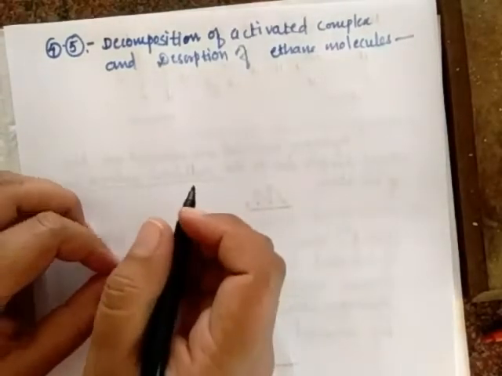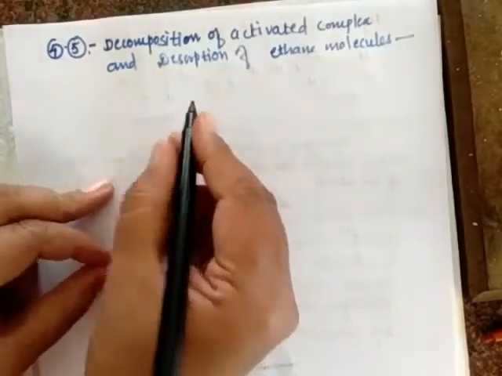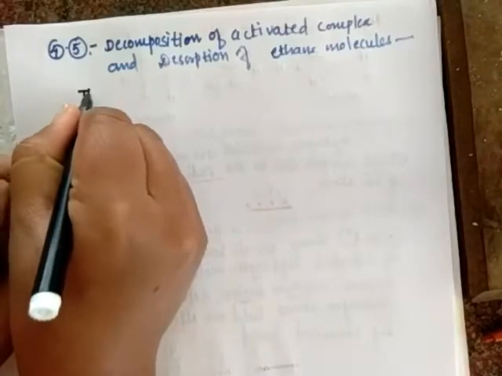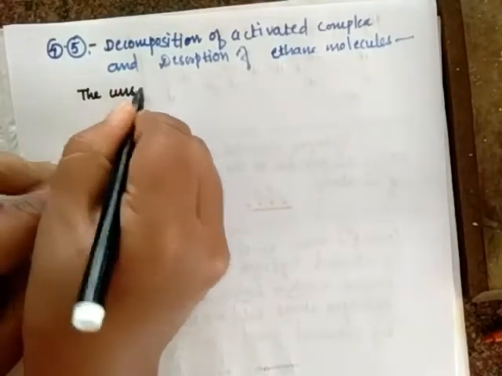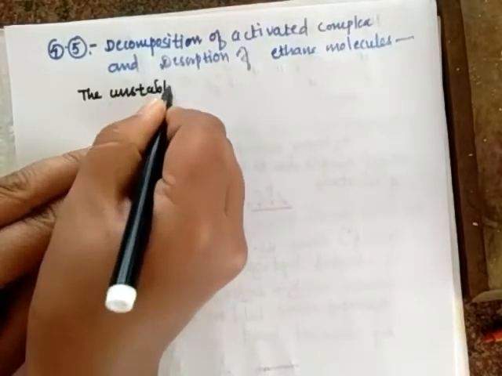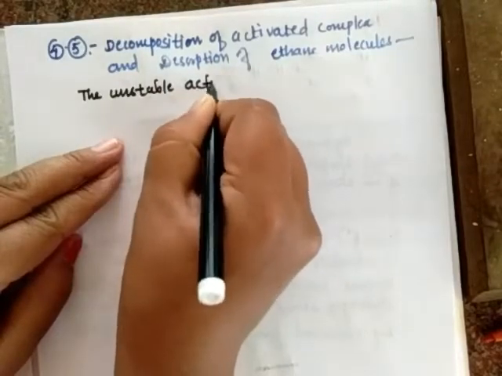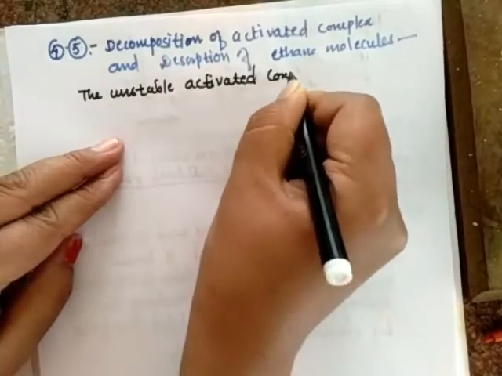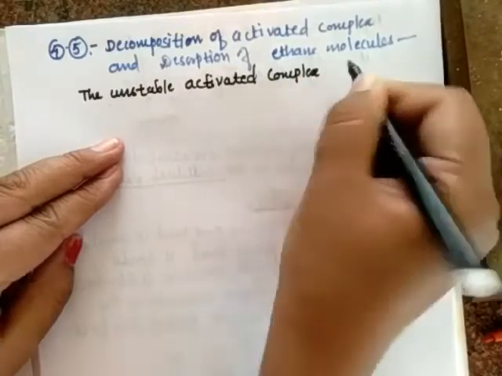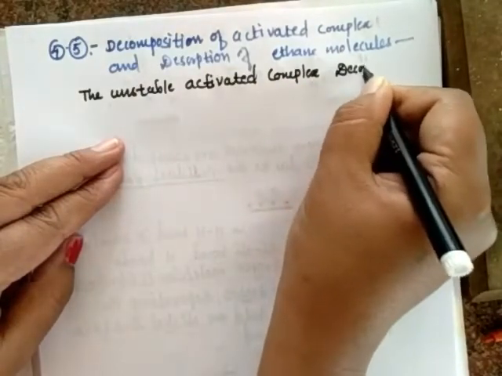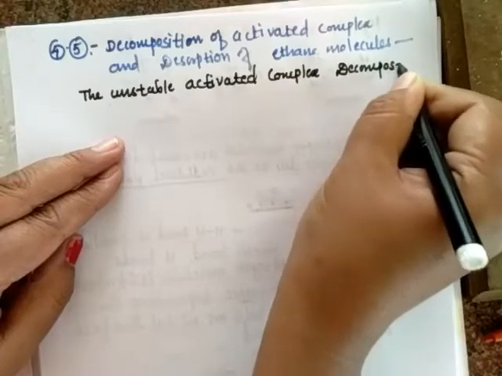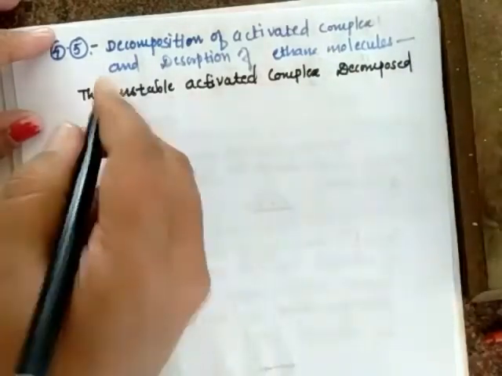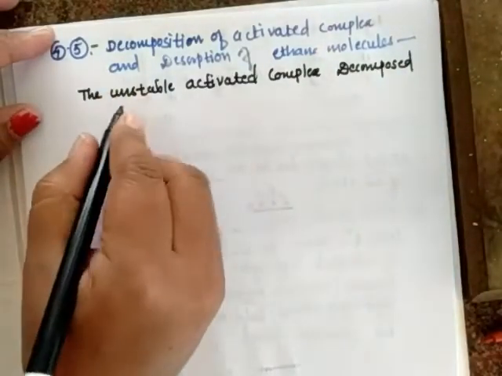So see what will happen actually over here in step 4. In step 4, the unstable activated complex just gets decomposed, and it will release the ethane molecule.